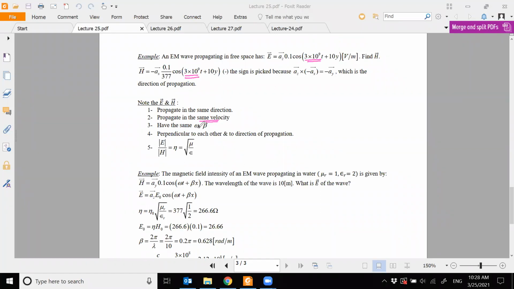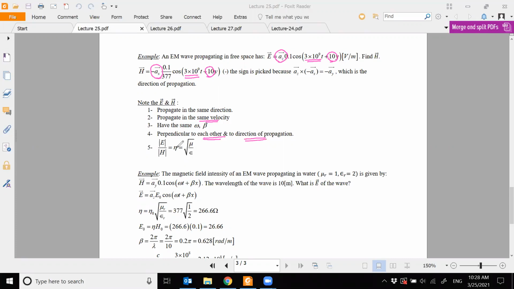That means they have the same omega and the same phase constant. That's why they are together, and they are perpendicular to each other and also to the direction of propagation.